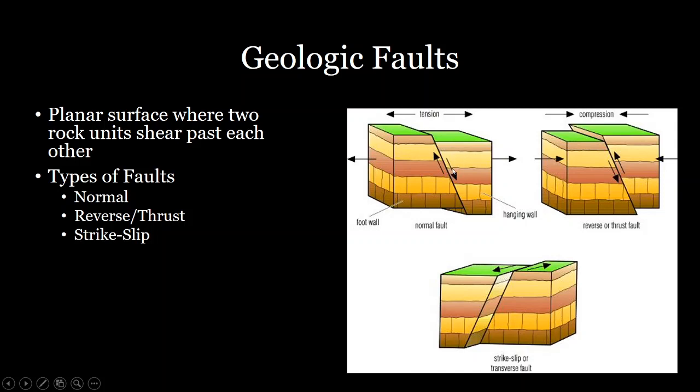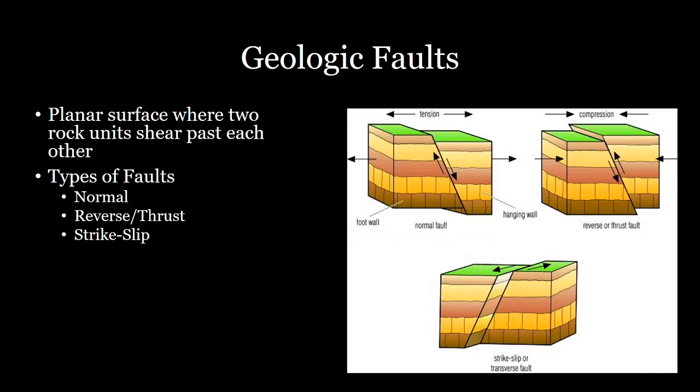And when the layer on top of that surface is moving downwards, we call this the hanging wall because it's hanging on top of the other wall, the foot wall. When that hanging wall is falling, we call that a normal fault because it's kind of falling with gravity downwards.